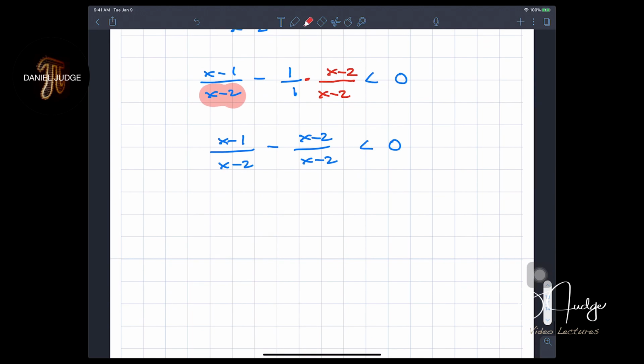Notice you have the same denominator now, so you can subtract the numerators. So you have x minus 1 minus the x minus 2, everything over x minus 2, and that will be less than 0.